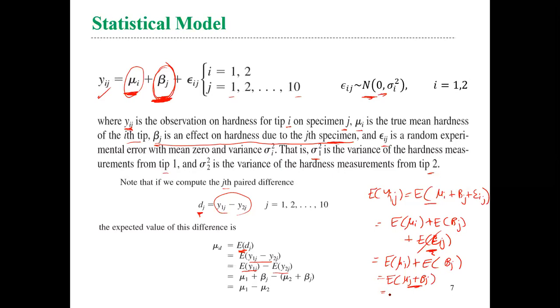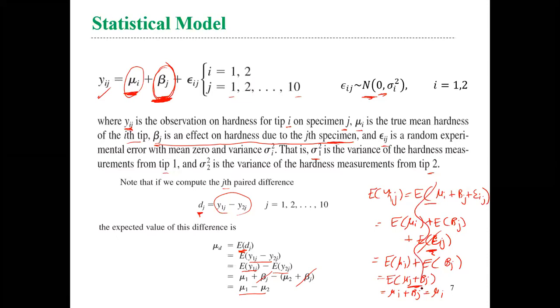So this is mu i plus beta j, and in general this one is mu. When you take it for 1, this gives mu 1 plus beta j, and this one gives me mu 2 plus beta j. So this beta j will be cancelled with this one, and this will be mu 1 minus mu 2.